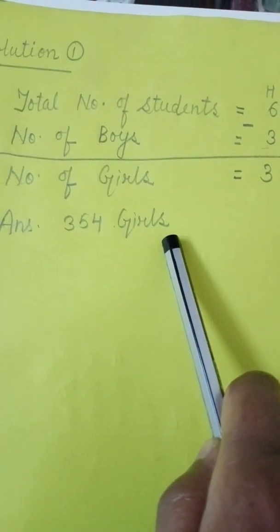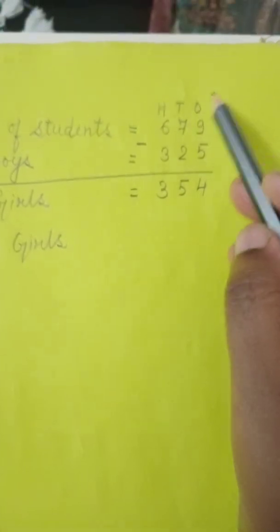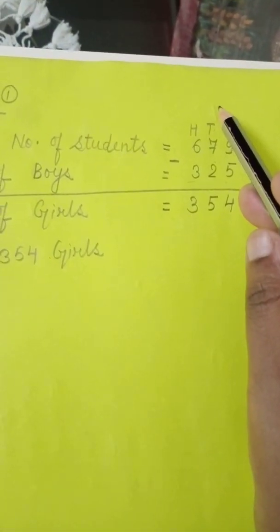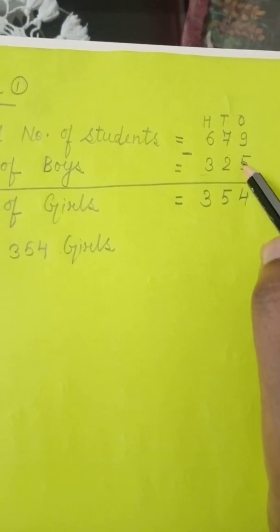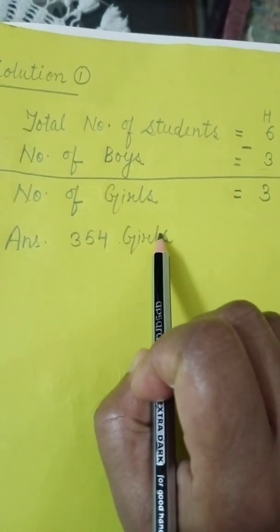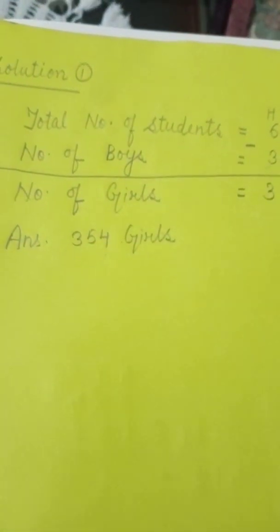Children, when you are solving the word problems in the textbook, you are doing only this much. But whenever in the exam or in the copy, you need to write these statements. It is very important children, and at last you need to write the final answer. Clear children?